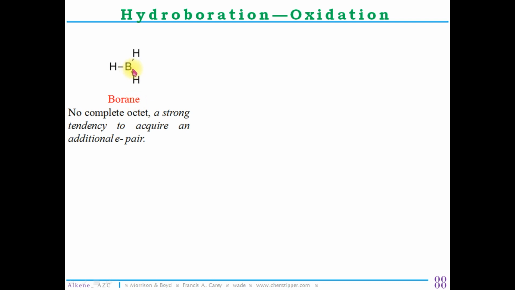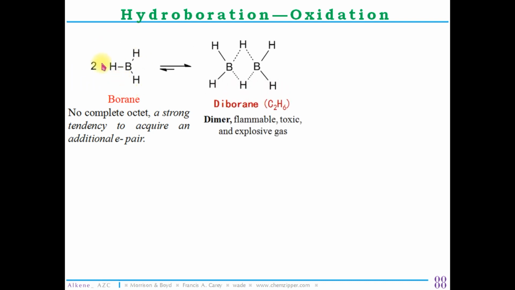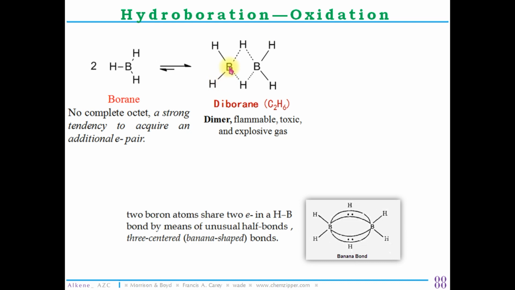Boron, if we see the structure of borane, there is no complete octet. So, boron has a strong tendency to acquire an additional electron pair. Normally, two borane molecules combine which gives diborane structure, which is a dimer, a flammable, toxic and explosive gas. Now, what is in a structure of dimer?